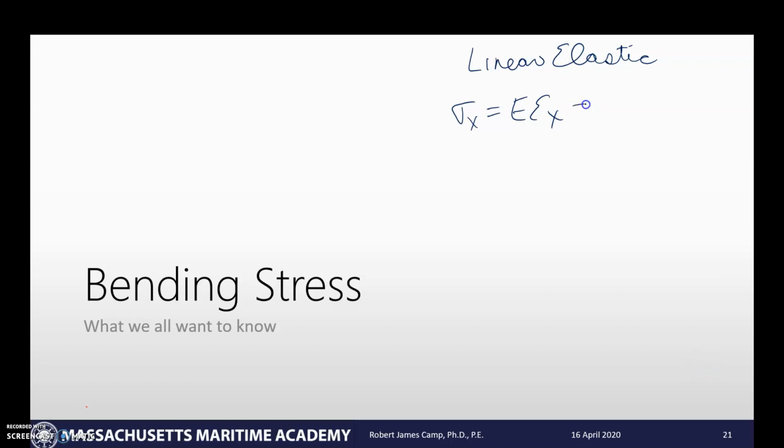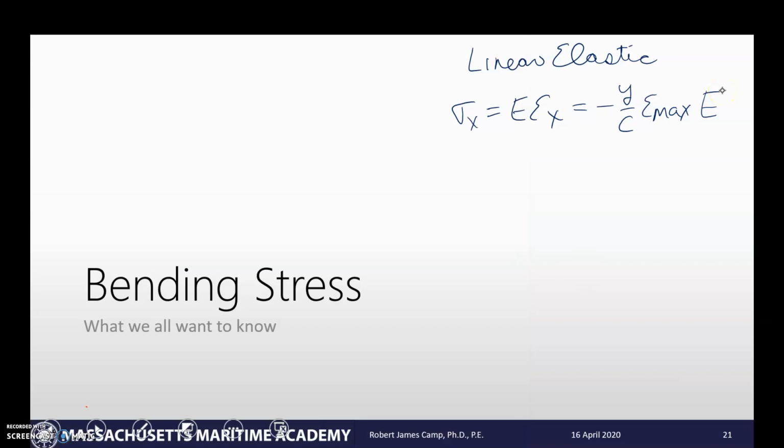And so we had just in the previous video said that the strain is going to be a combination of negative y over c times what the maximum strain is, times the modulus of elasticity.